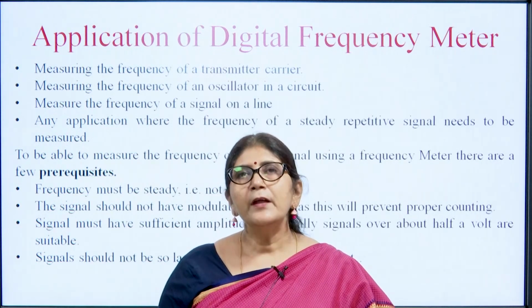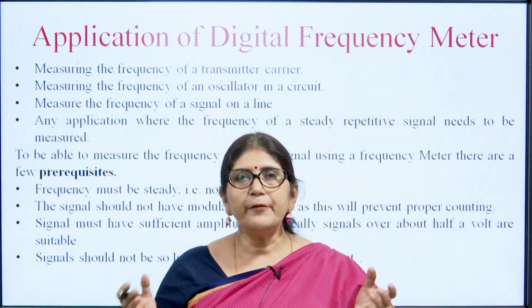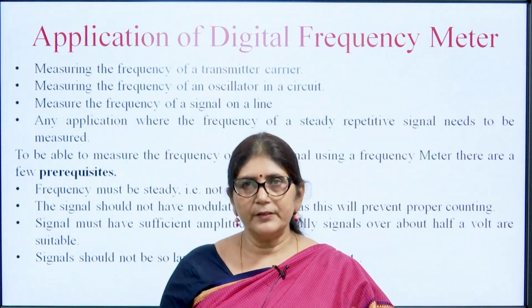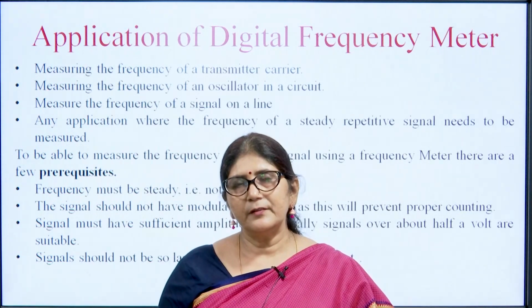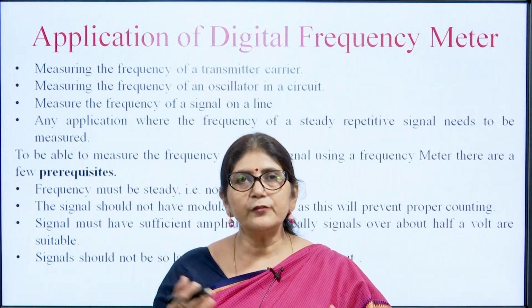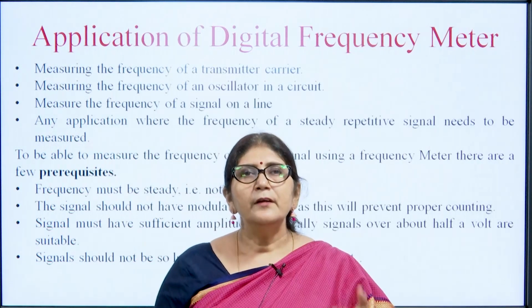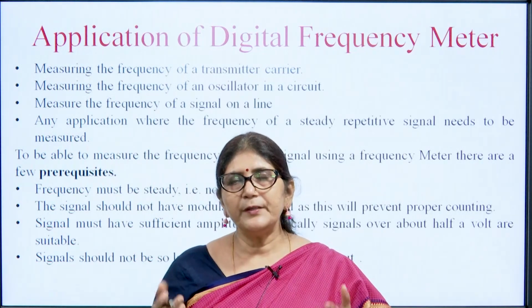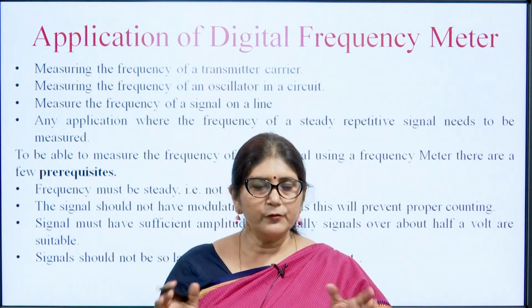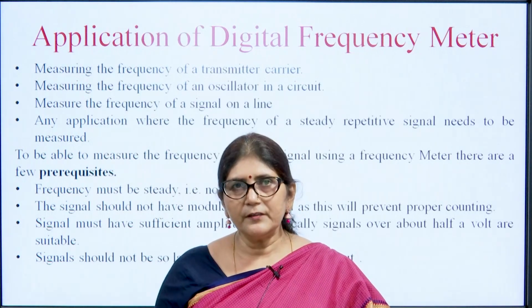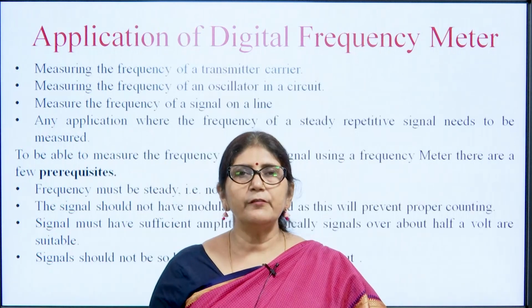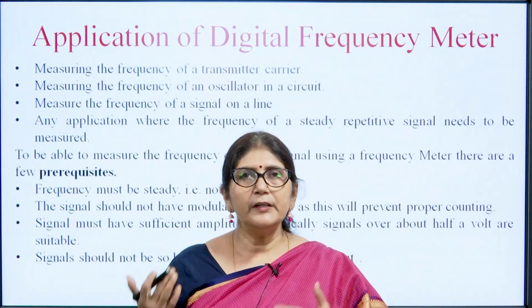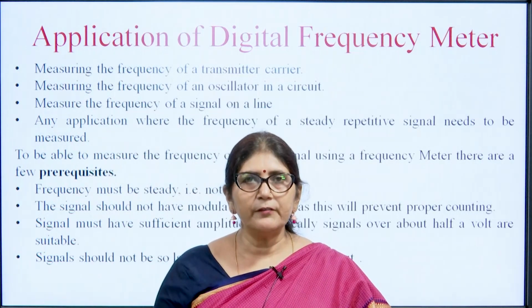When we want to measure a high frequency signal, that is, a radio frequency signal, there are a few prerequisites, that is, conditions to be fulfilled. The frequency must be steady, meaning there is no variation. The same frequency must be generated, and then only the frequency meter can measure it.